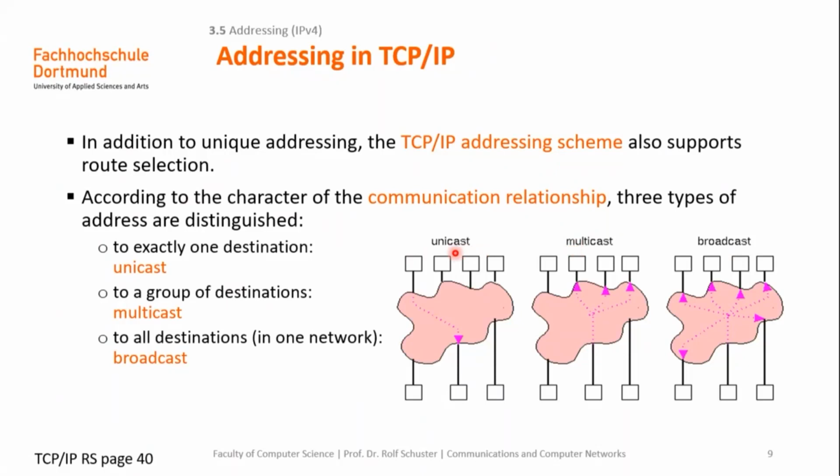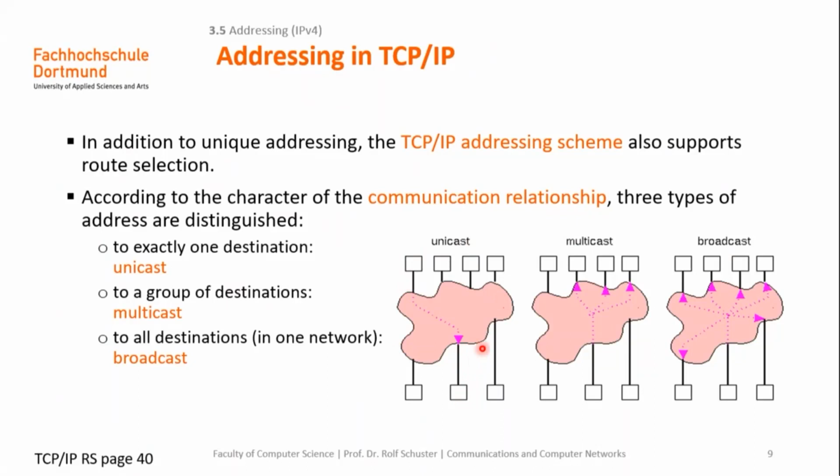The first address type is the unicast. A unicast is an IP address that permits forwarding a datagram to only one host or router in the network.